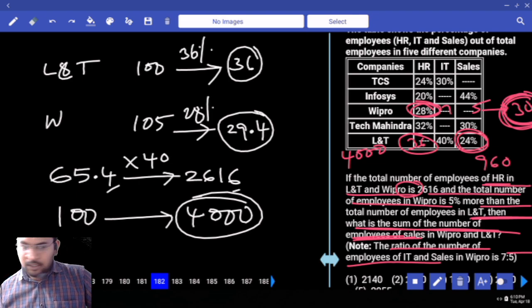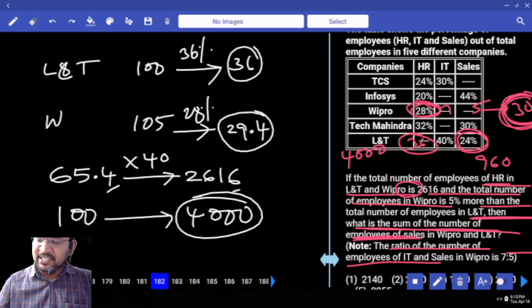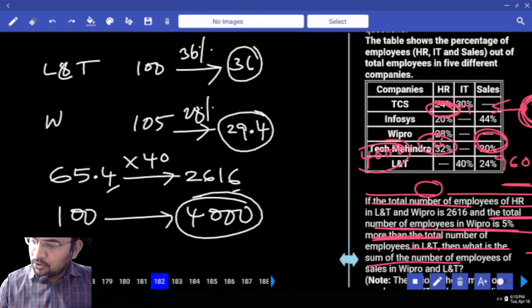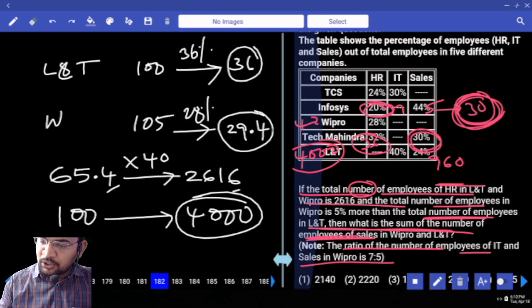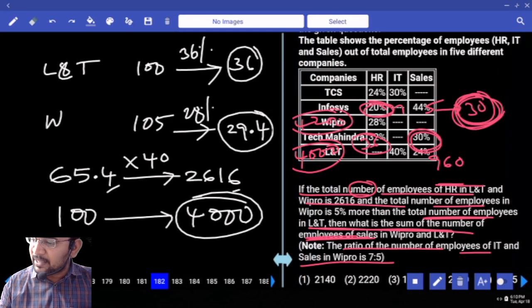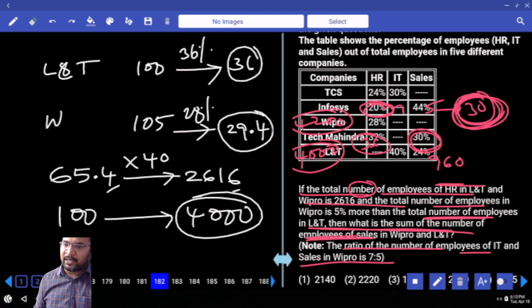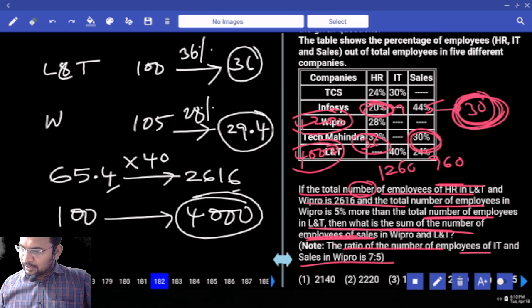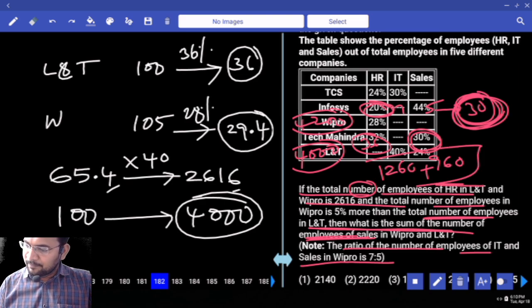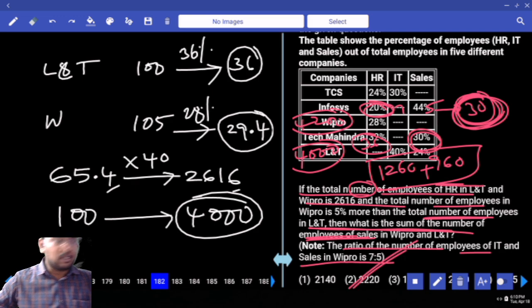Now coming to Wipro, it is 5% more, so the total is 4,200. Out of 4,200 we need 30%, which is 1260. They are asking the sum, so 1260 plus 960. Calculate carefully: 2220.